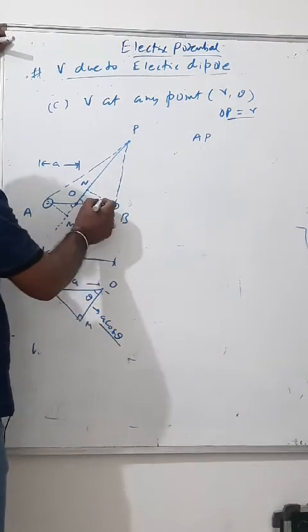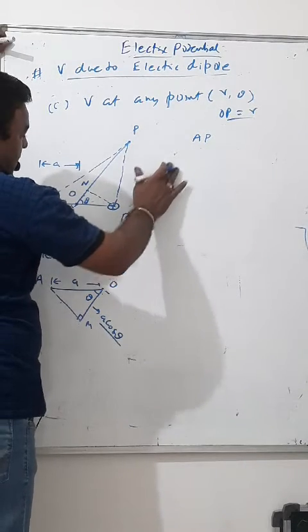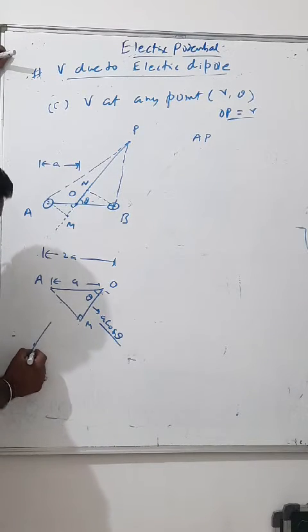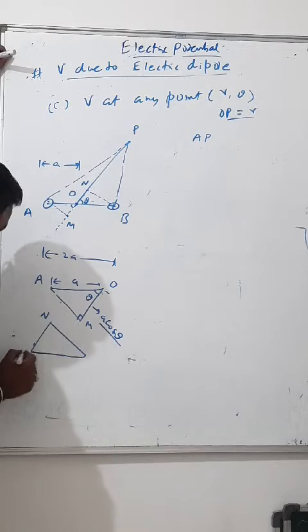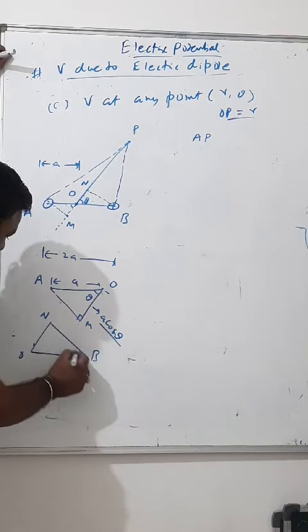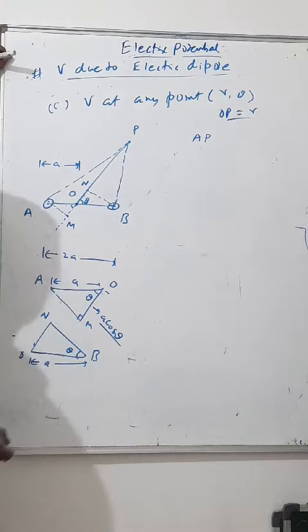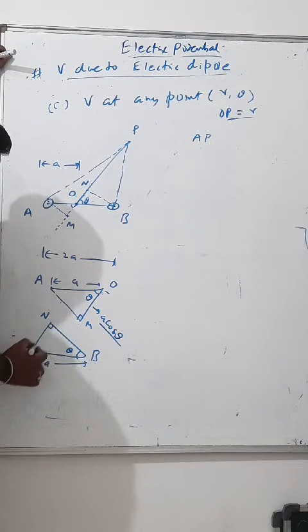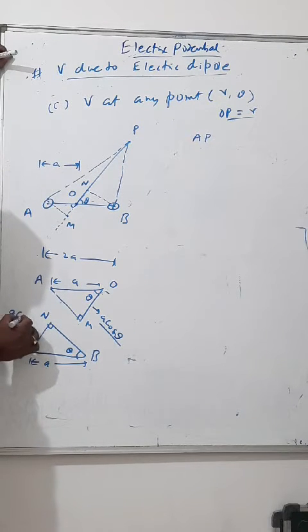In the same way, this is theta. I have this NOB theta, this distance is A. This is 90. What is this distance? O, and it is again A cos theta.